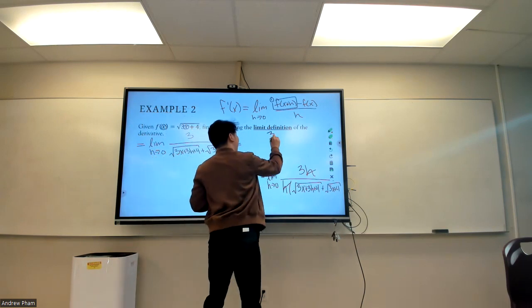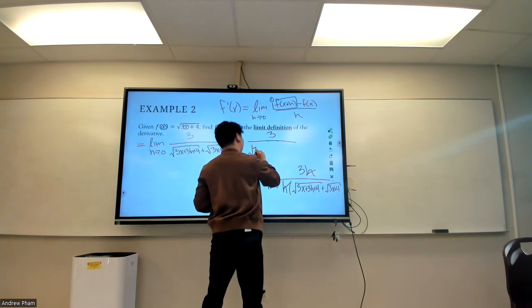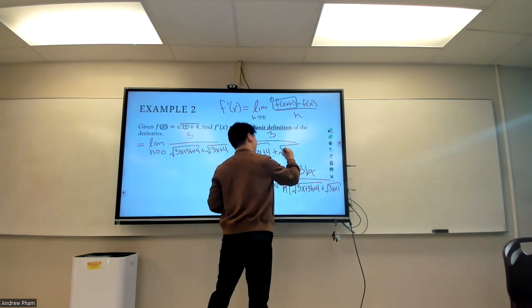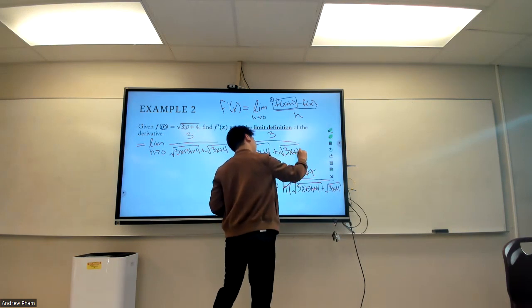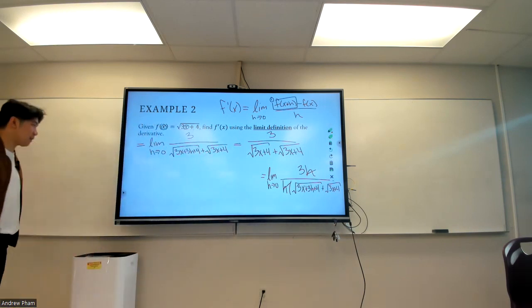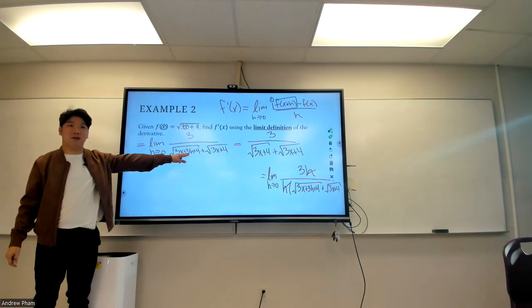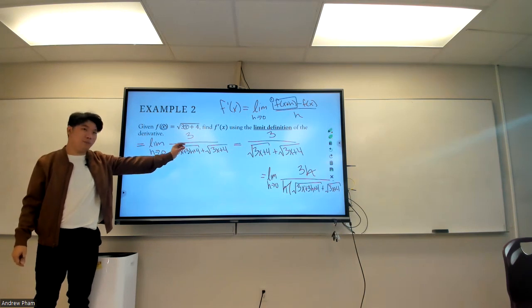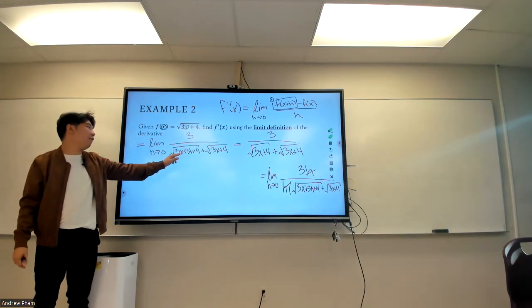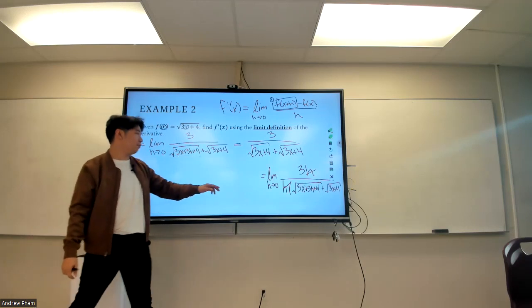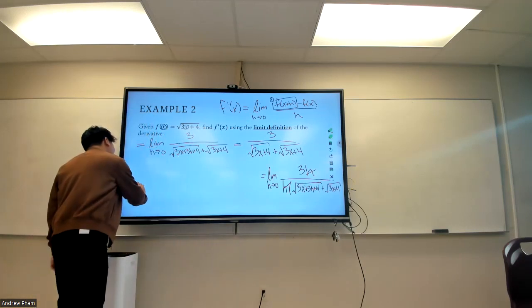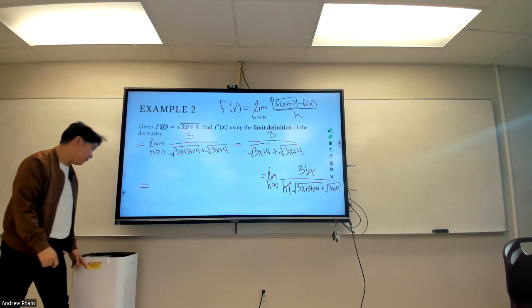So what I get is 3 over the square root of 3x plus 4 plus the square root of 3x plus 4. So again, if I plug in 0 for h, that becomes 3 times 0, which is plus 0. I'm still left with 3x plus 4 here. And I can finally write my last line at long last.